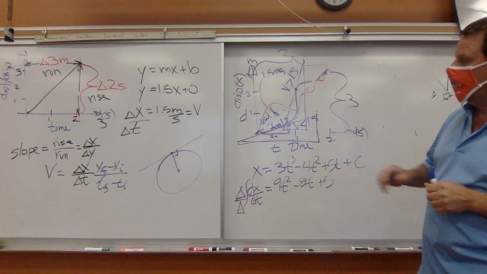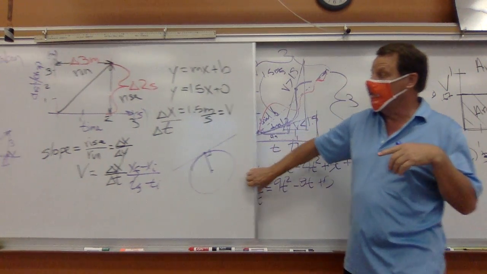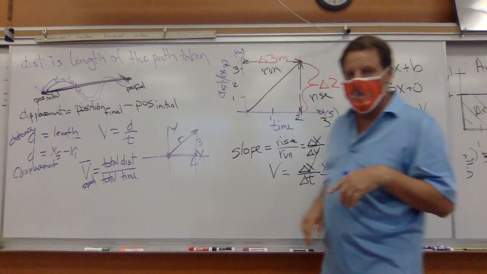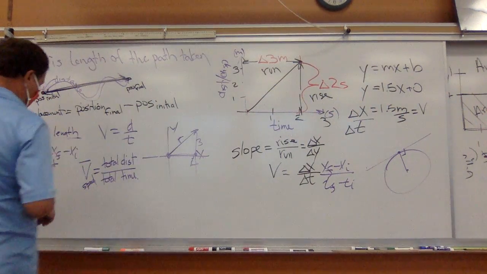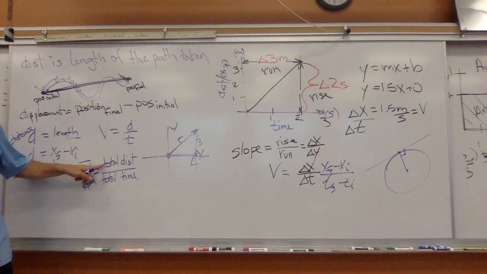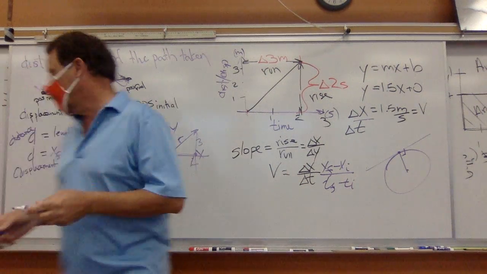One of the key things before you go, and I kind of lost track of time on your question of the day: remember that your average speed is your total distance over total time.